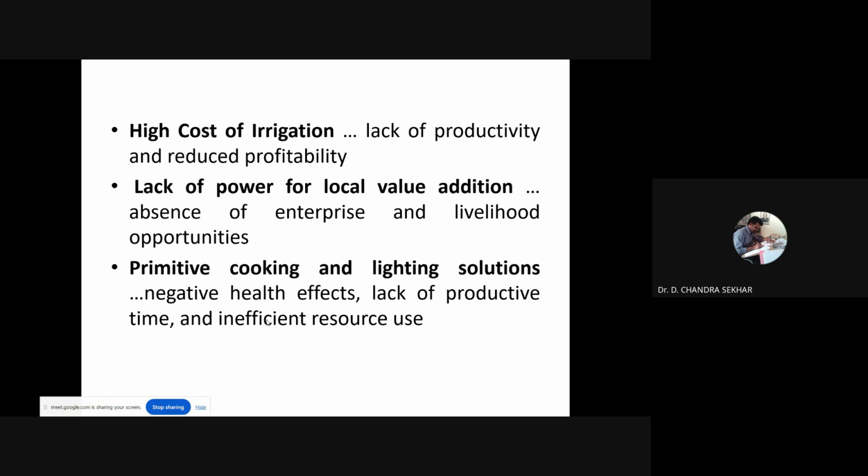Due to the high cost of irrigation, there is a lack of productivity, and it also reduces profitability. There is a lack of power for local value addition, and an absence of enterprise and livelihood opportunities. Once there is no sufficient power generation, the absence of enterprises also exists. Primitive cooking and lighting solutions bring negative health effects, lack of productive time and inefficient use of resources.